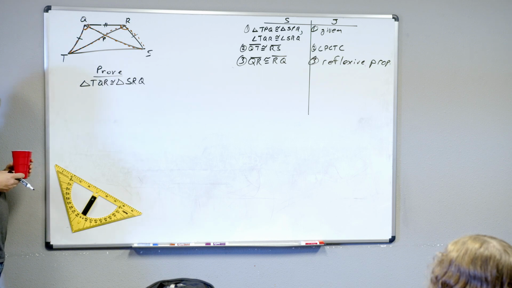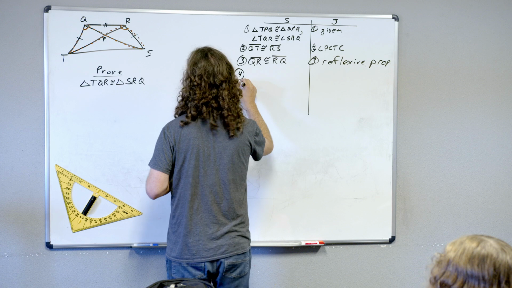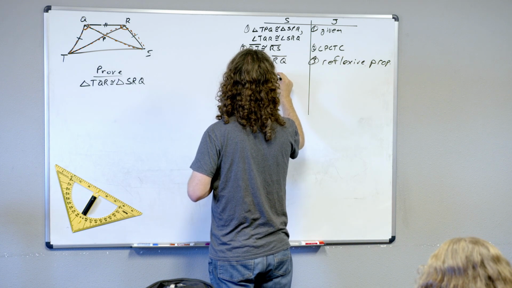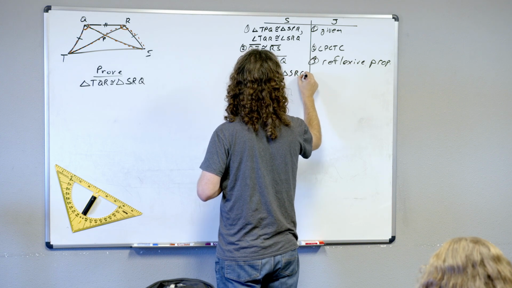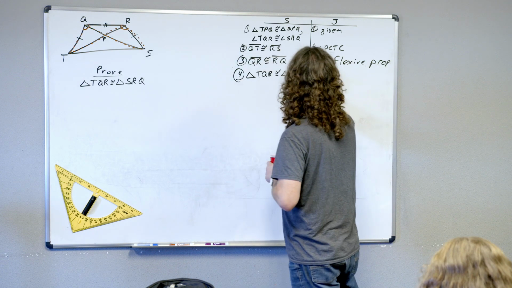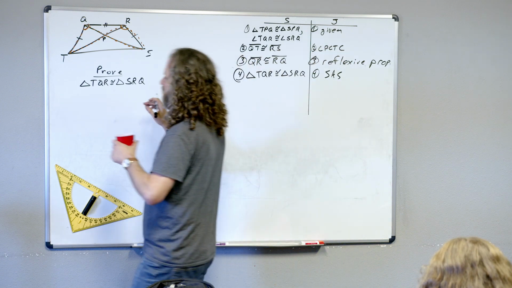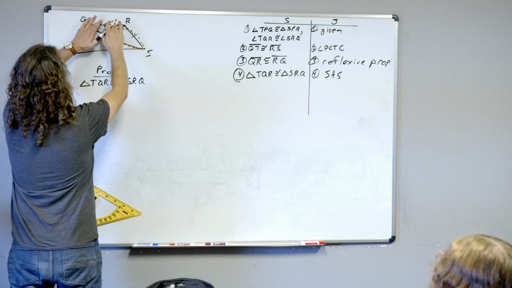Yeah, we can do it because of side angle side now. Triangle T Q R is congruent to triangle S R Q because of side angle side.